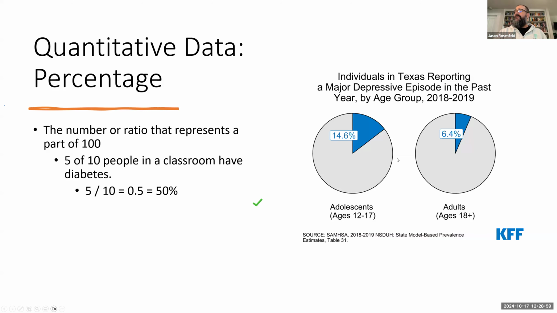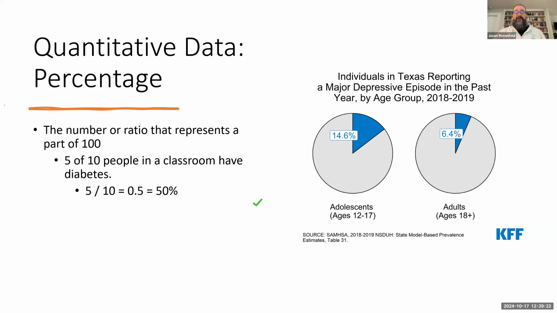So I mentioned over here, the pie chart is the most common way of visualizing a percentage. Here we've got individuals in Texas reporting a major depressive episode in the past year by age from 2018 to 2019. You got adolescents age 12 to 17 in this pie chart, adults 18 or older in this pie chart.